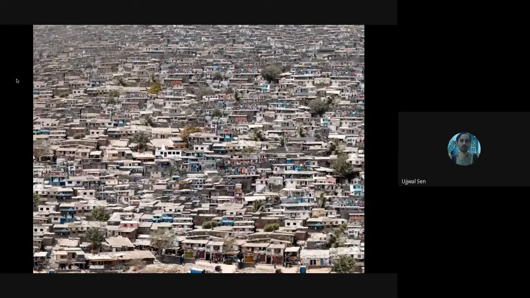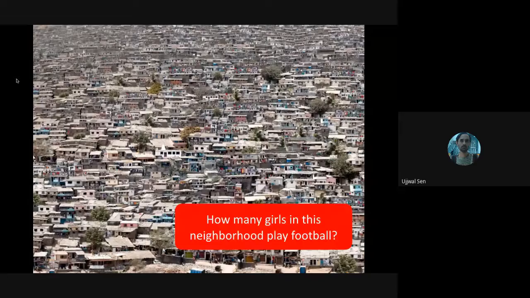To give you an example, this is again a cartoon. This is a settlement of people, and it has happened randomly over a long period. But now I want to find out how many girls in this neighborhood play football. I will take some time to find it.